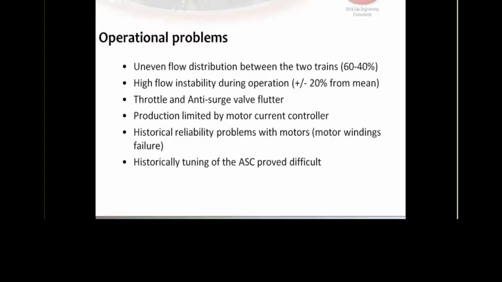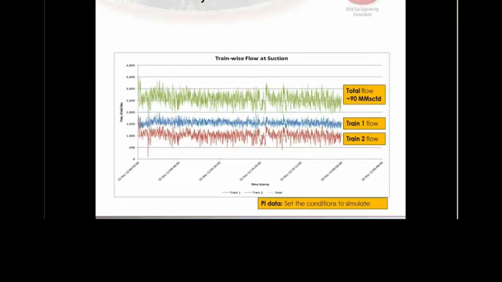So this was the picture that we were facing. Total was something around 90 million cost of production, but as you can see, train 1 was taking most of it, and train 2 was really like the slave train.